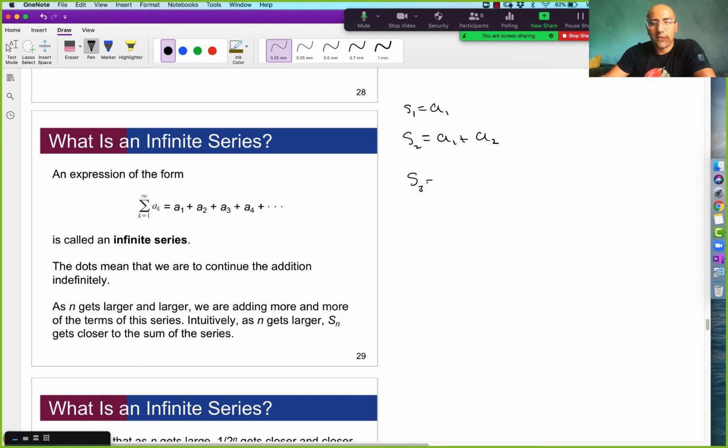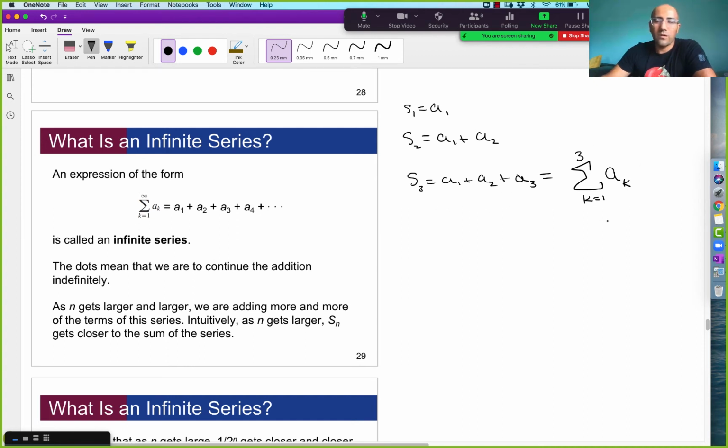S sub 3 is equal to A1 plus A2 plus A3, right? Remember that in Riemann sum notation, this can be expressed as k goes from 1 to 3 of A sub k, right? This gives you the sum of A1, A2, A3.